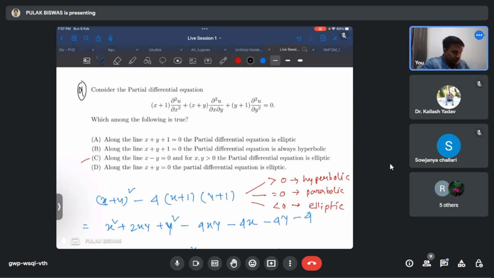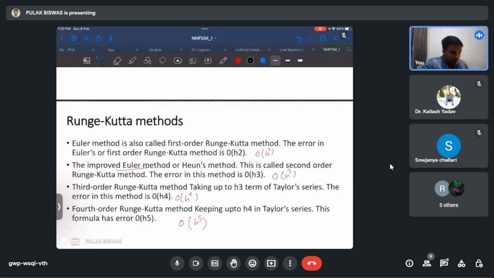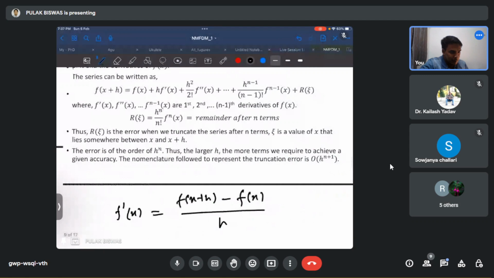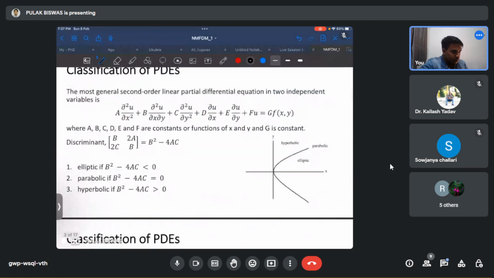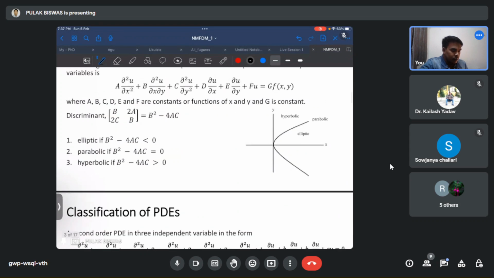I guess you know this one, the criteria. Like if its value is less than, equal to, or greater than 0, then it is elliptic, parabolic or hyperbolic.